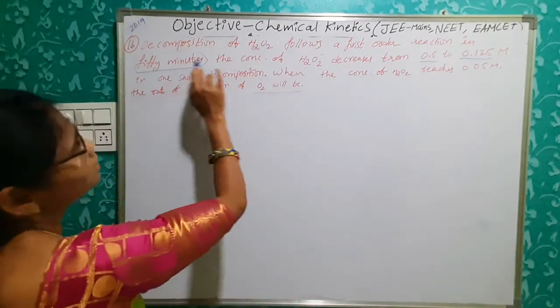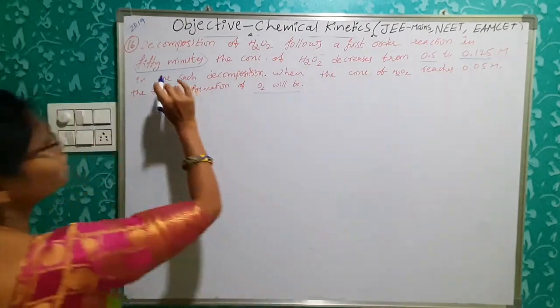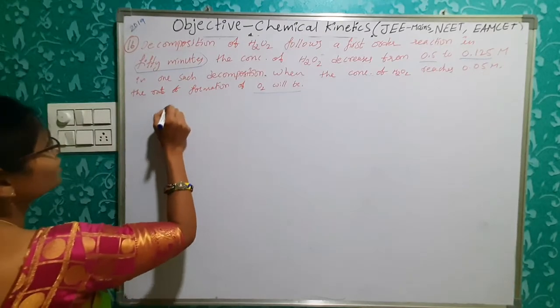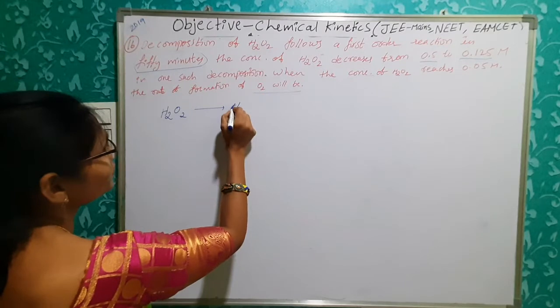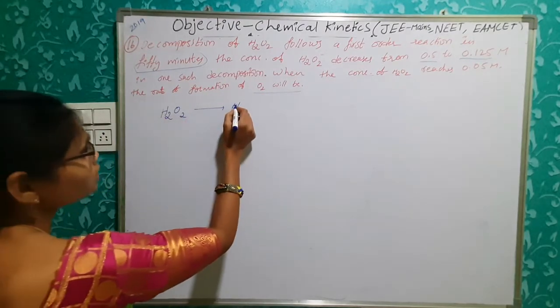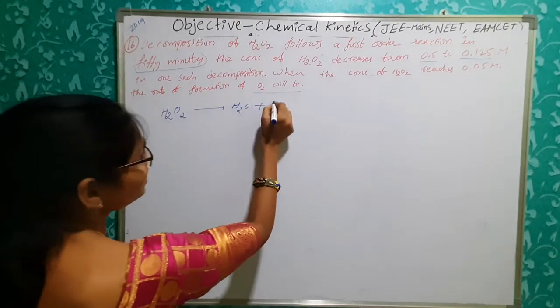Now, first of all, a first order reaction, decomposition of H2O2 in 50 minutes. So write down the equation: H2O2 decomposes to give H2O plus half O2.